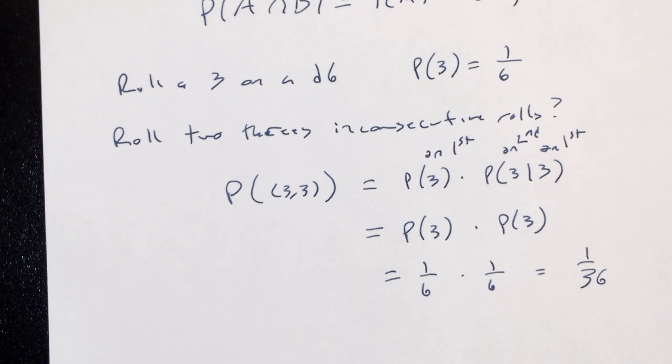If I have more than one independent event, I'm going to roll not one of these dice, not twice, I'm going to roll it 5 times. What's the chance I get all of them to be 3s?